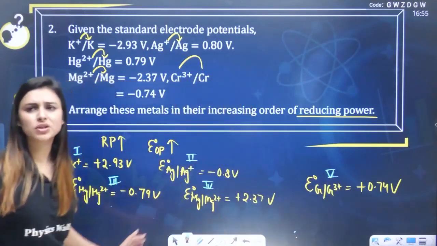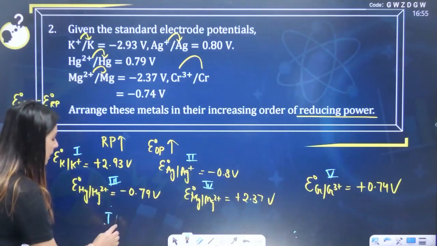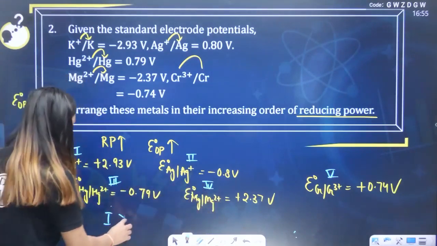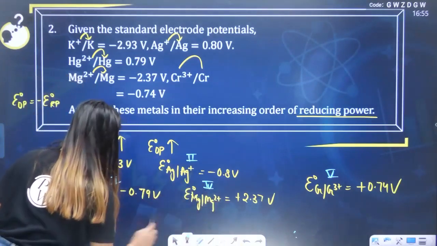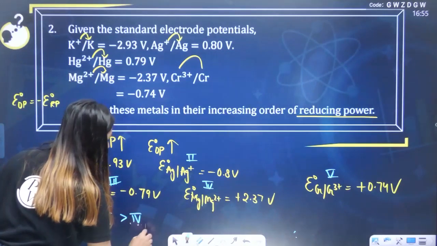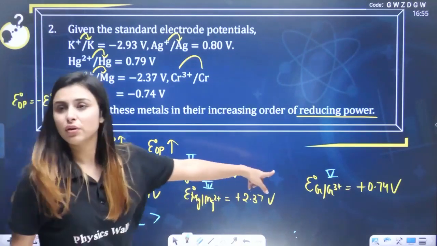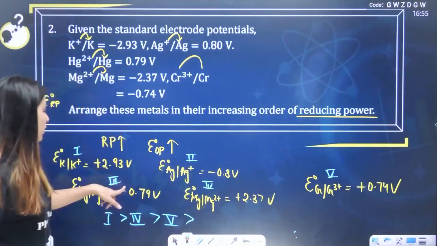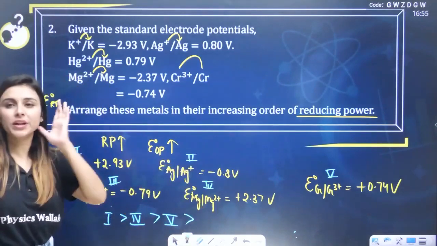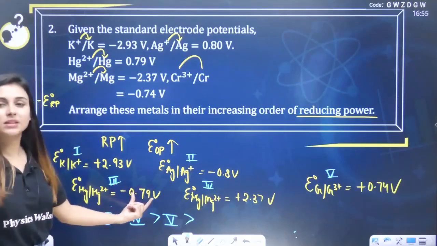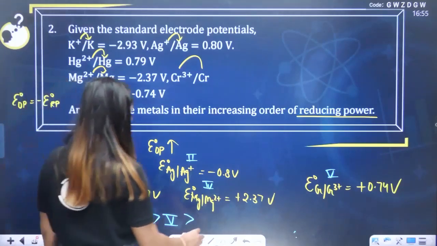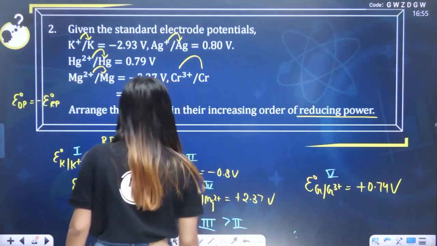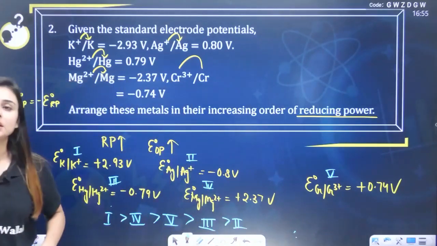Now we can arrange them very easily. First, then I think this one, fourth. After fourth, you have fifth. After fifth, you have minus 0.79, minus 0.8, which is a bigger value, minus 0.79. So third, and the last would be second. This is how you will solve this question.